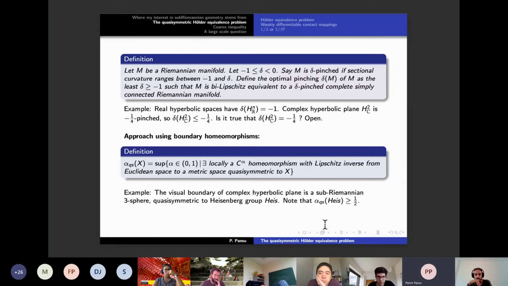In fact, just the obvious coordinates on the Heisenberg group achieve a homeomorphism which is Lipschitz in one direction: the sub-Riemannian metric is larger than the left-invariant Riemannian metric, for instance. But it is Hölder continuous with exponent 1/2 in the opposite direction. And this shows that this alpha exponent, this quasi-symmetric Hölder exponent for the Heisenberg group in its sub-Riemannian metric, is at least a half.